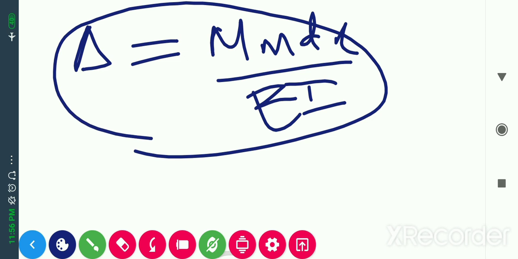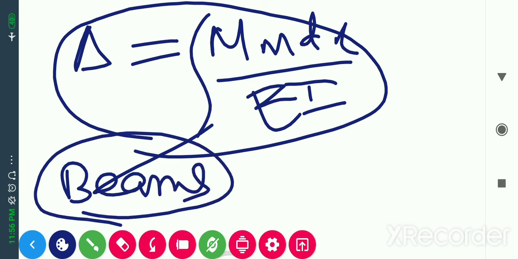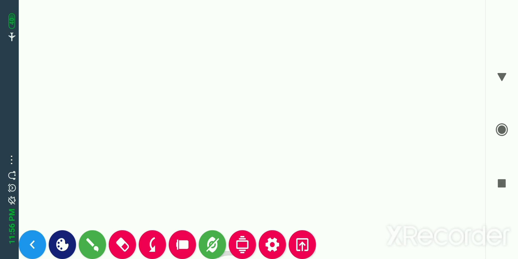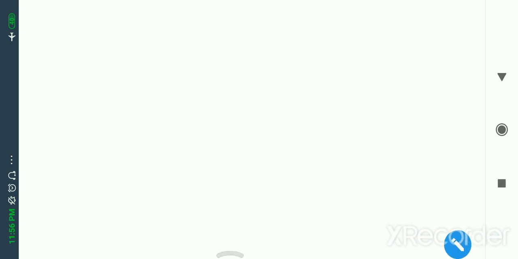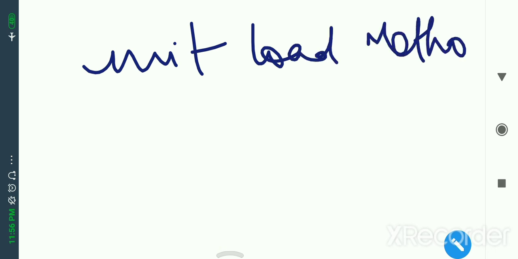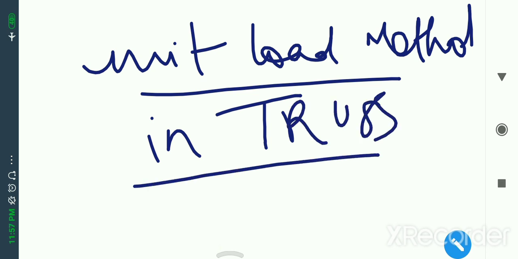This formula is applicable in beams, and it can also be applied in frames. But in the case of a truss, we will not use this formula. A truss has its own kind of formula. So we will see in the next few lectures how to use the unit load method in trusses. That's all for now.